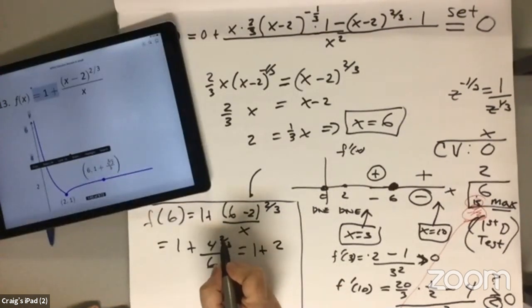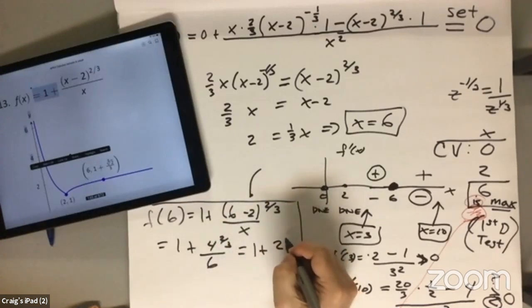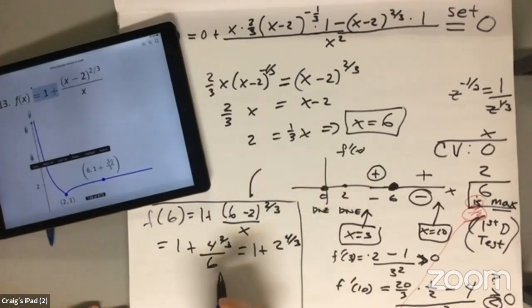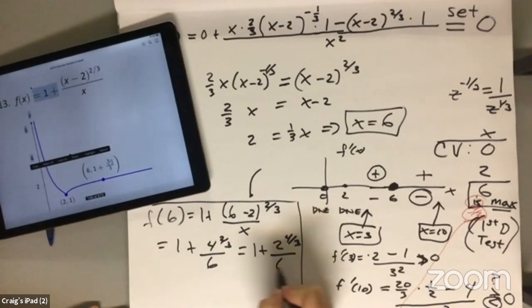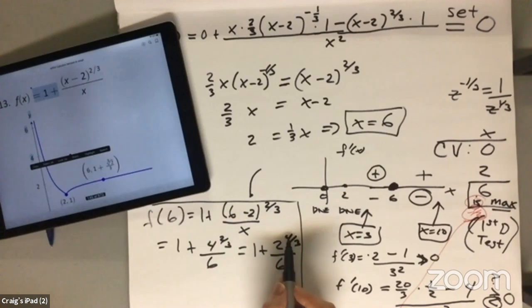So 2 squared to the 2/3 power is 2 to the 2 times 2/3, which is 4/3, divided by 6. Okay, so there's a whole bunch of 2's in here, and there's actually a 2 inside a 6, so I can cancel out one of the 2's.